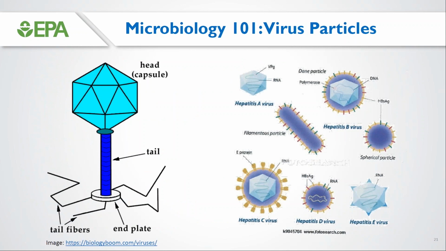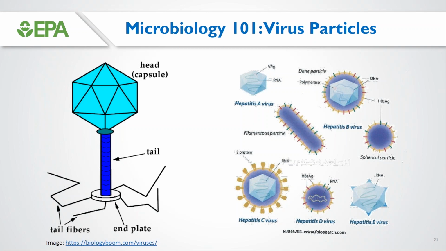So on this slide, these pictures kind of look like alien life forms or something that we sent up to the moon. But actually, this is what a virus looks like if you were to look at it under a microscope. Viruses, in a very simple form, consist of a capsule that contains a nucleic acid.